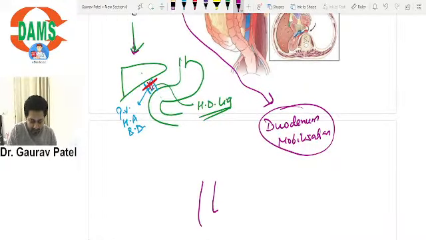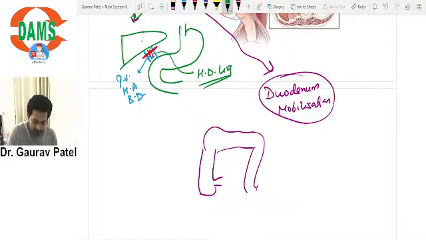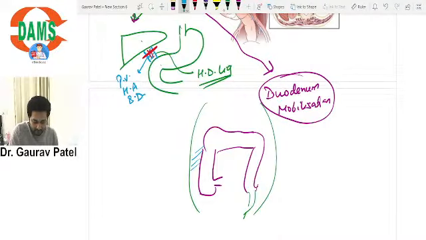Now Kattle-Braasch. Suppose this is the large intestine and this is the abdomen. The right colon is fixed to the lateral abdominal wall, and the left colon, the descending colon, is also fixed.